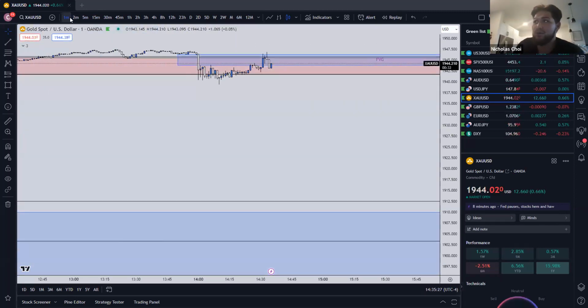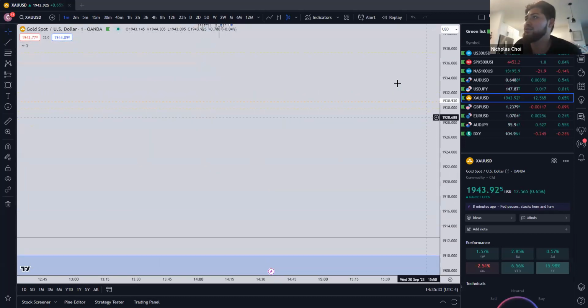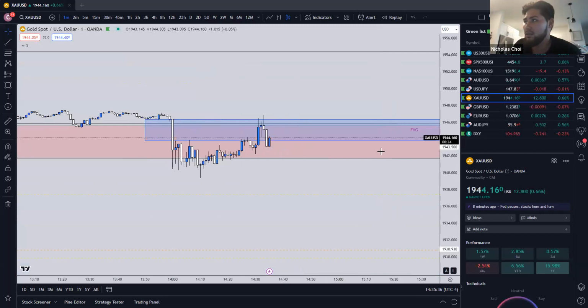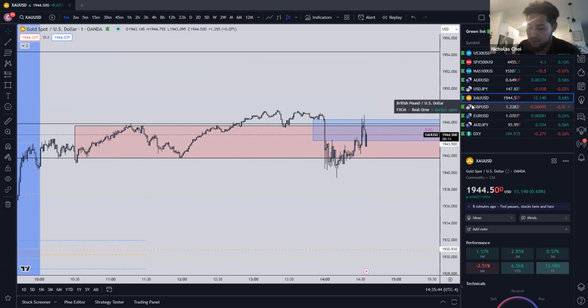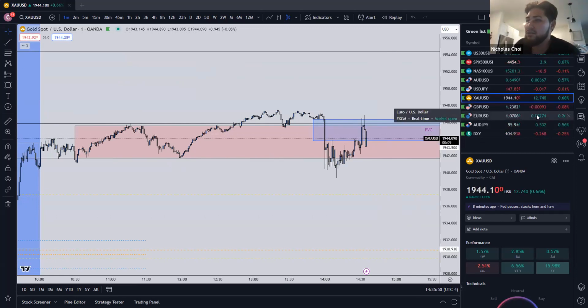Granted, this could still rip through this high, but just to talk you through the process of the discipline, essentially all of these are in the same directional bias because they're correlated pairs. They all have dollar involved and FOMC is correlated to the dollar.